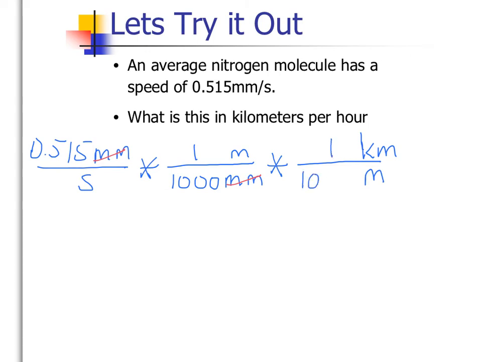There are 1,000 meters in 1 kilometer. Meters cancel out. I put all that information into a calculator, so I can ultimately take 0.515 divided by 1,000 times 1,000, which is the equivalent of, I believe, 1 million, to give me the answer of 5.15 times 10 to the negative 7th.